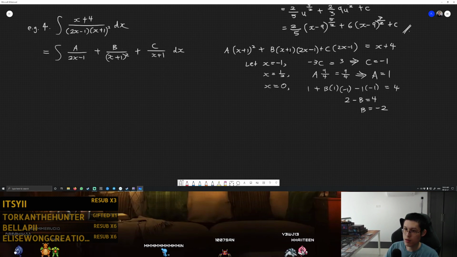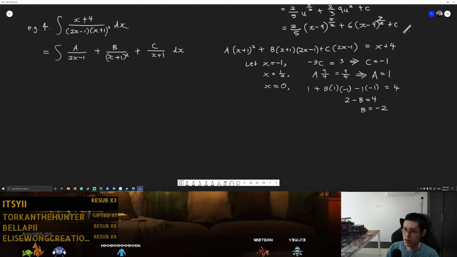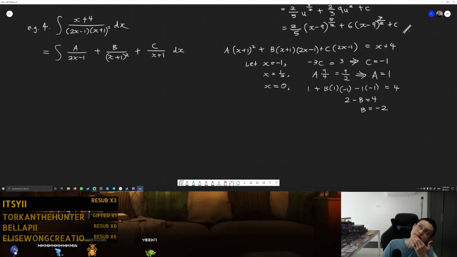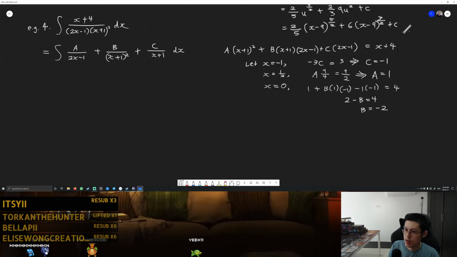If x is a half, this disappears, and then we have half plus 1 is 3 over 2. 3 over 2 squared is 9 over 4. Okay. Then half plus 4 is 9 over 2. So A should be 2.